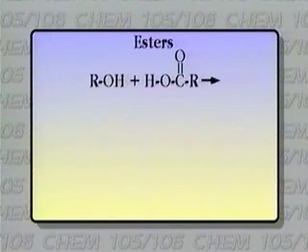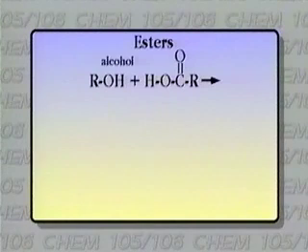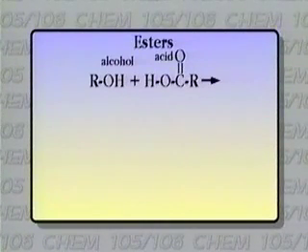Remember, this is the general structure for an alcohol. R is a hydrocarbon group. And this is the general structure for our organic acids. This is the acid group right here. And again, R can be any type of hydrocarbon group.